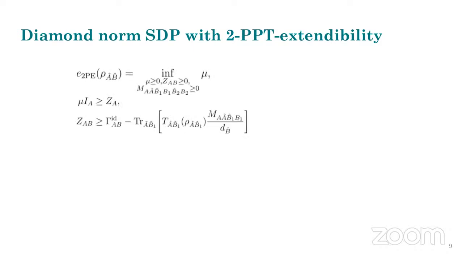So now we can write the SDP for the diamond norm with two PPT extendability constraints. This is the original diamond norm SDP, where we have just used the Choi matrix of the identity channel, and this is the Choi operator of the joint channel, where we have appended the resource state rho, and this is the Choi operator of the one-way LOCC channel, or rather 2 PPT extendable channel that we're looking for.